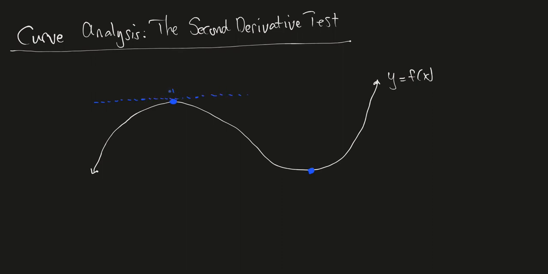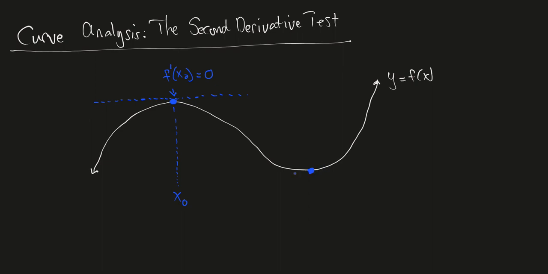And that means at this point, and let me just indicate an x value there, at that x value, I know that my first derivative would evaluate to 0. So whatever this x value is, when I plug it into the derivative, I'll get a value of 0.